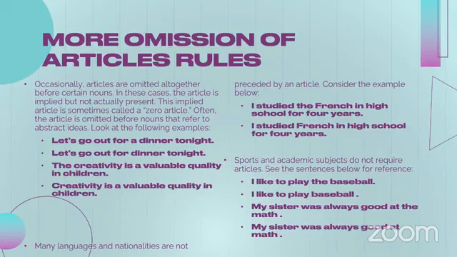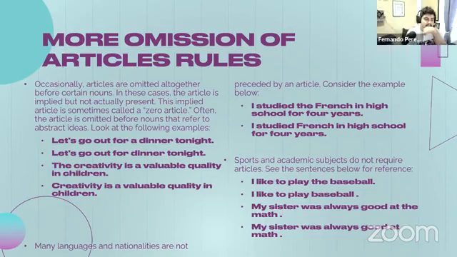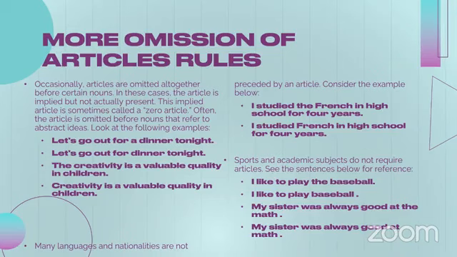Look at the following examples. Let's go out for a dinner tonight. Let's go out for dinner tonight. Creativity is valuable quality in children. Creativity is a valuable quality in children.